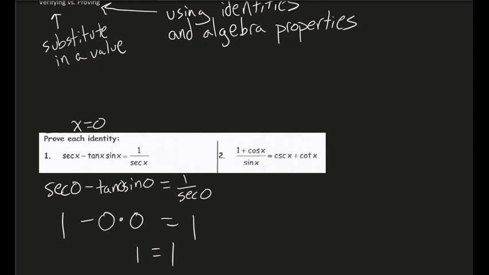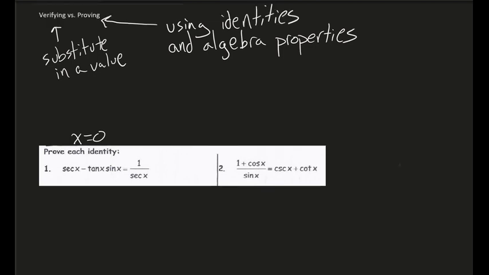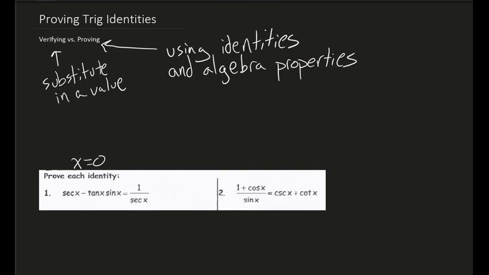That's not good enough. We need to use other identities and algebra properties to show that this works for every value. So what we're going to do with this is either work with both sides of the equation for the identity, or we're going to deal with one side on its own and get it to look like the right side.